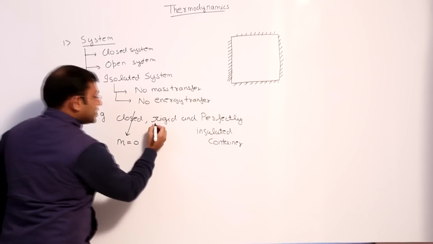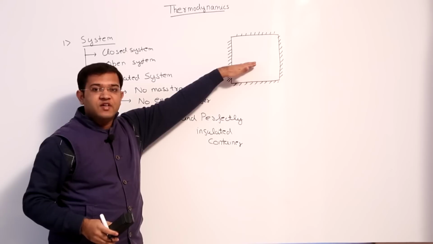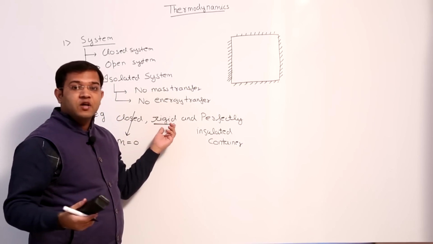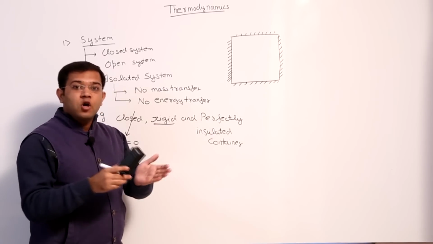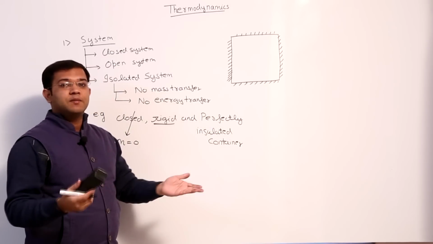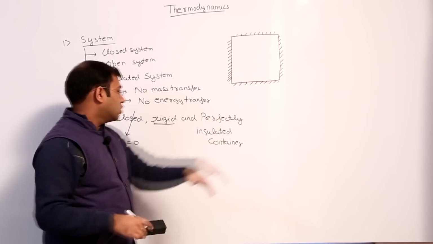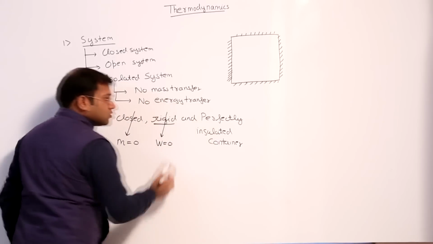Now see, rigid means the walls of the container are fixed. For obtaining work we know that there must be an expansion process, so the walls of the system should be flexible, but here the walls of the container are rigid, so we say that work transfer is equal to 0.